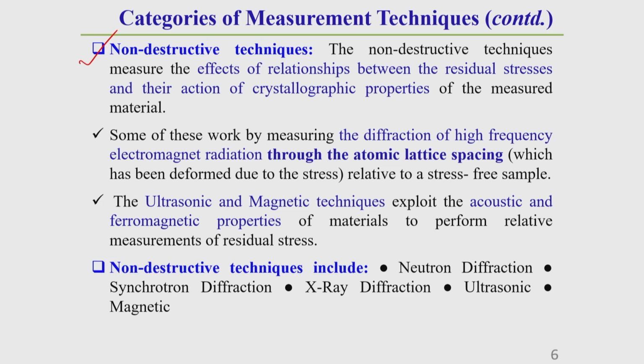So, here in the non-destructive technique, the structure is not subject to any type of destruction. So, here we only measure the crystallographic property changes. That means once a material is subjected to some residual stress, it is observed that some crystallographic changes occur.